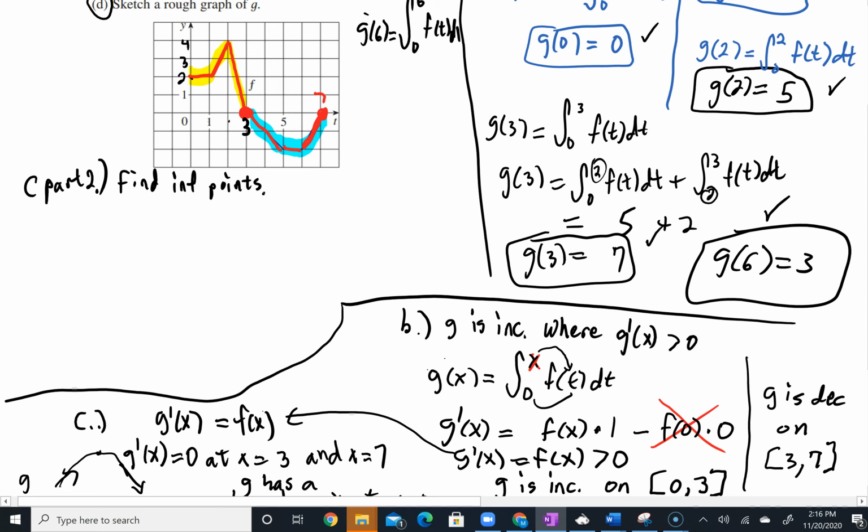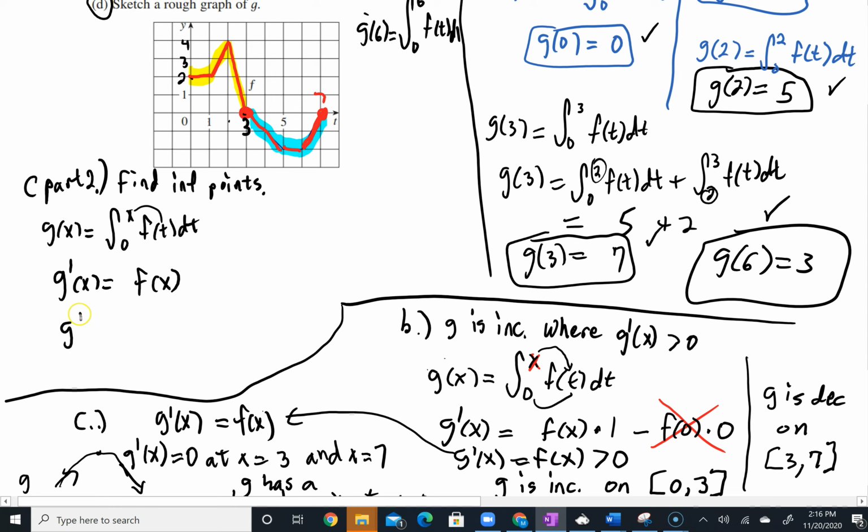Well, we need to talk about the second derivative. Look, g of x, we already said, was the integral from 0 to x of f of t dt. That means g prime of x, when you take the derivative and it's just an x, the shortcut is to say it's just f of x.